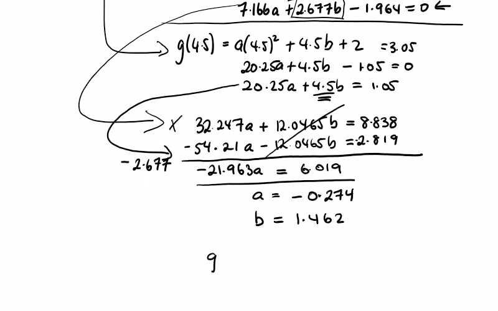So my parabola becomes g of x is equal to minus 0.274x squared plus 1.462x plus 2. Marking scheme has a 3 here. I rounded off too early in this question, but don't make that same mistake.